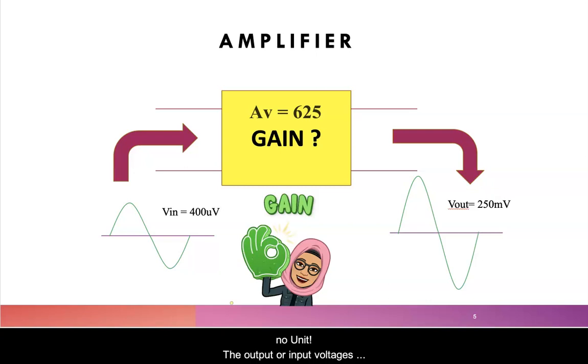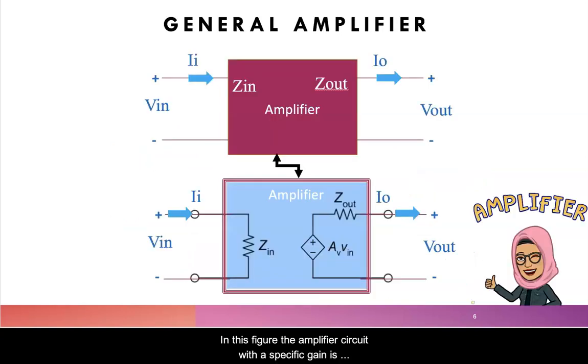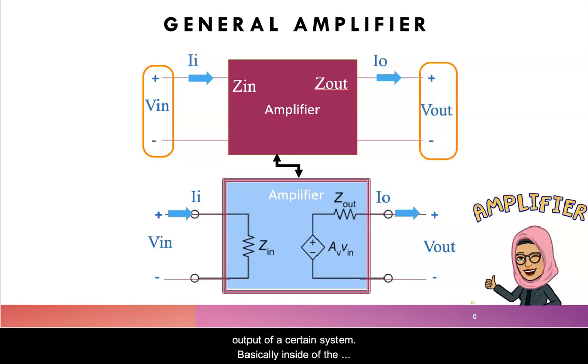The output or input voltages do not determine the value of gain. In fact, the circuit component values of the amplifier determine the value of voltage gain. In this figure, the amplifier circuit with a specific gain is represented as the box in the middle between input and output of a certain system.